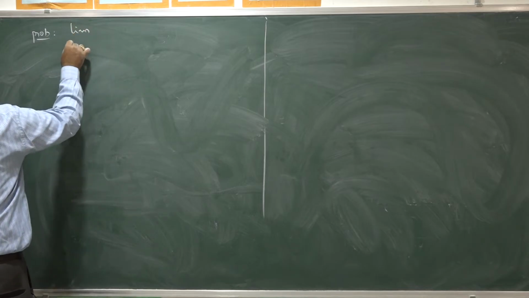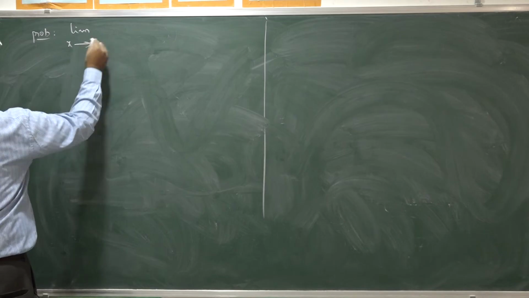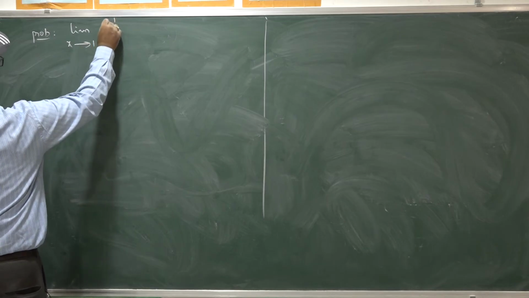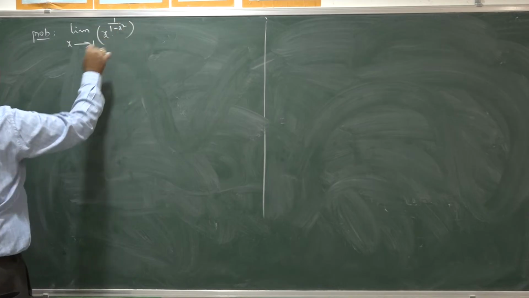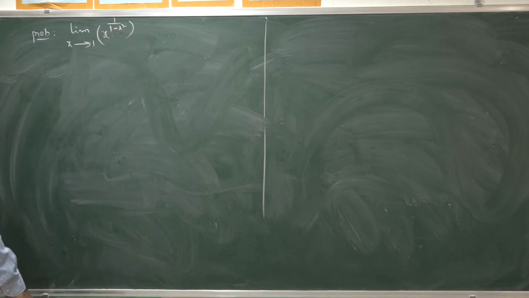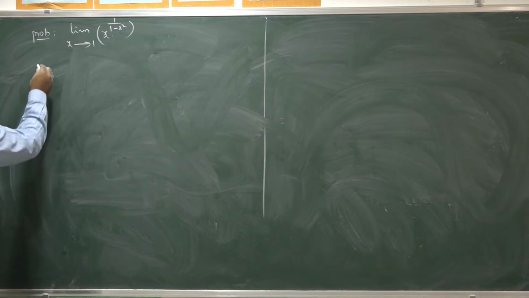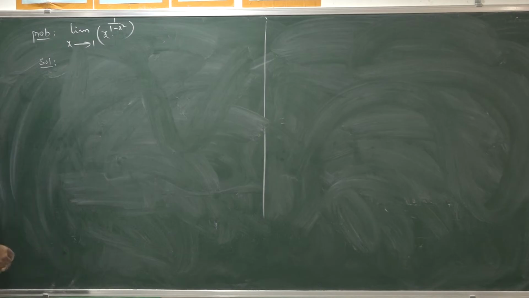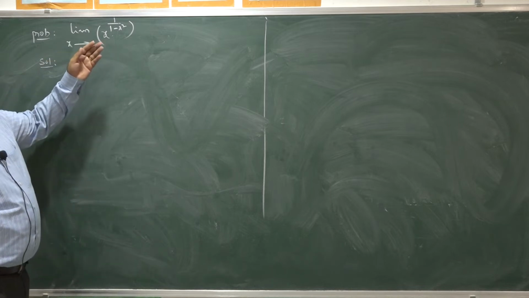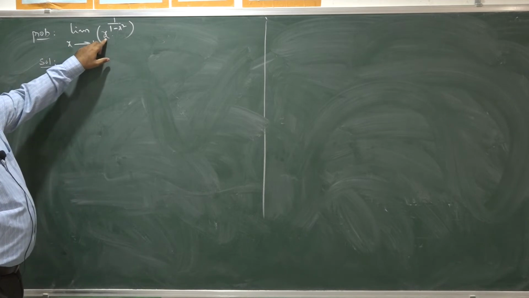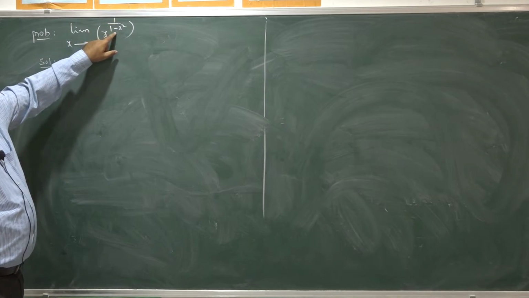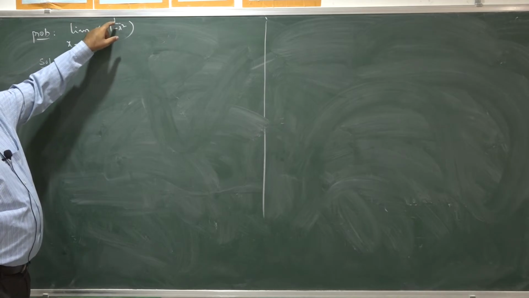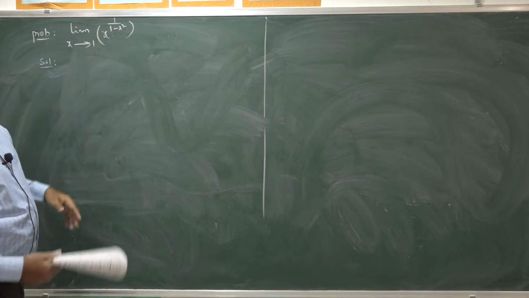Find limit x goes to 1, x power 1 by 1 minus x square. By substituting x equal to 1 in the function by the direct substitution method, we get 1 power 1 by 0. 1 by 0 in the exponent gives us infinity, 1 power infinity form.